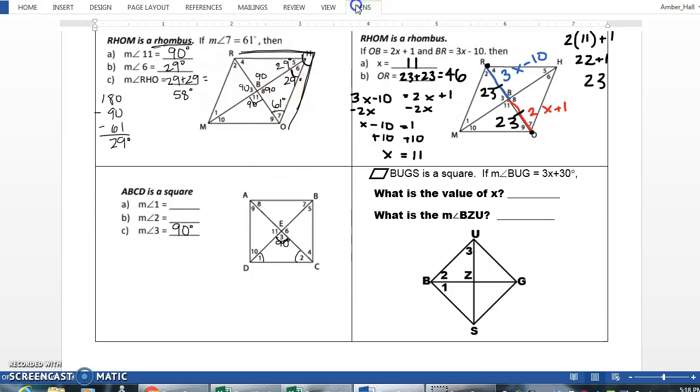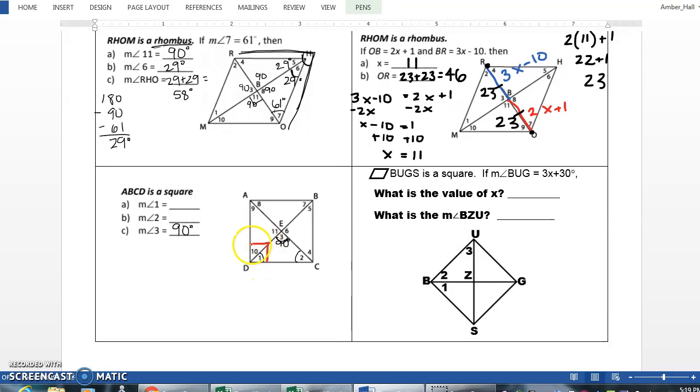The next thing I know about squares is that they have 90-degree vertices as well. And because it's a rhombus, the diagonals also bisect the angles. So I know that 1 and 2 have to be congruent.